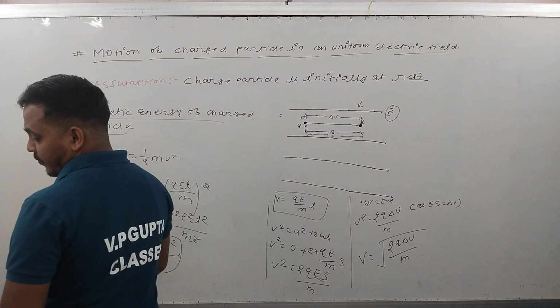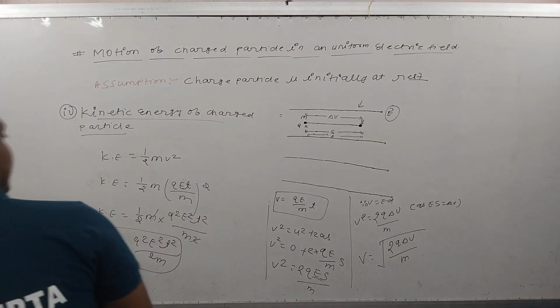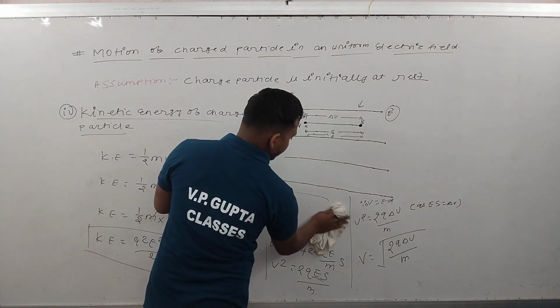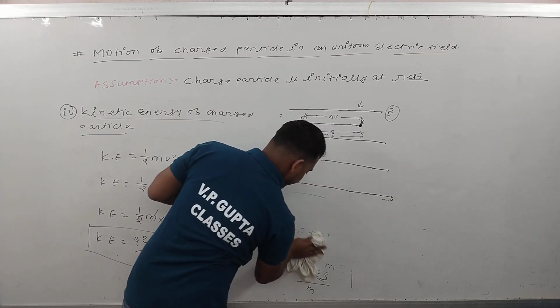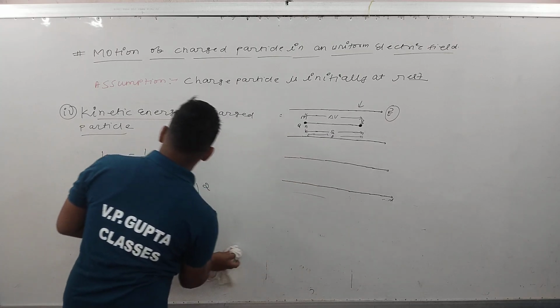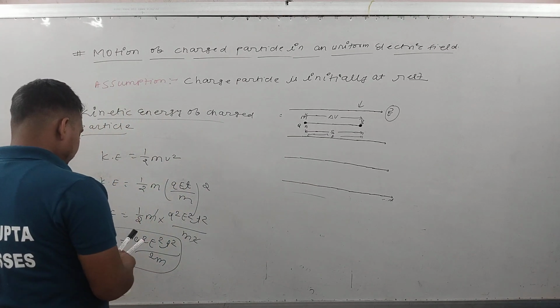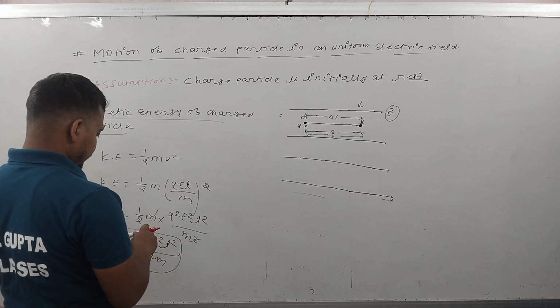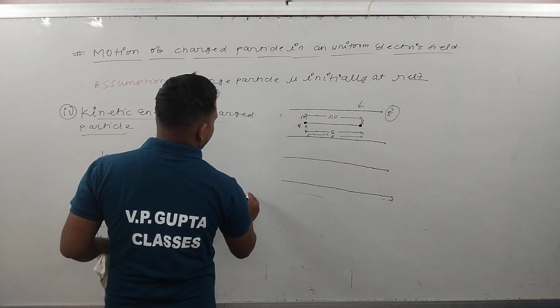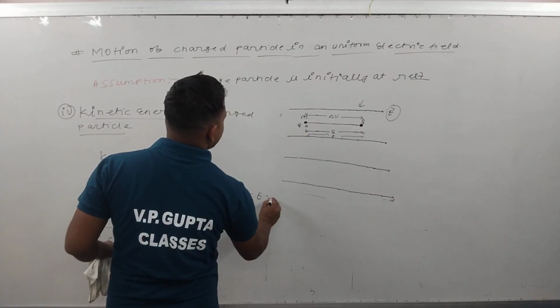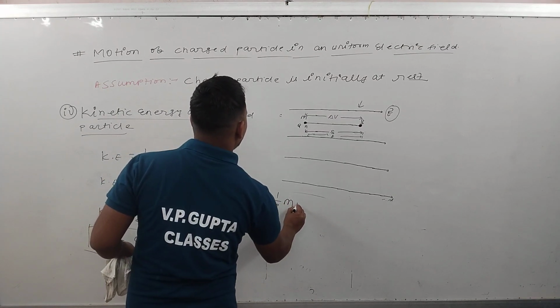Now in terms of del V. Kinetic energy is equal to half mv square.